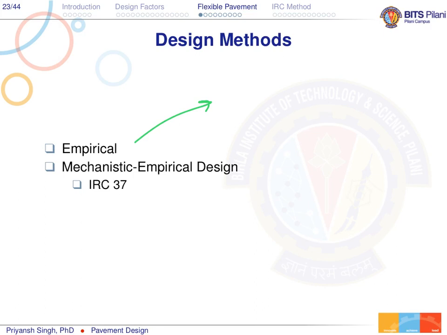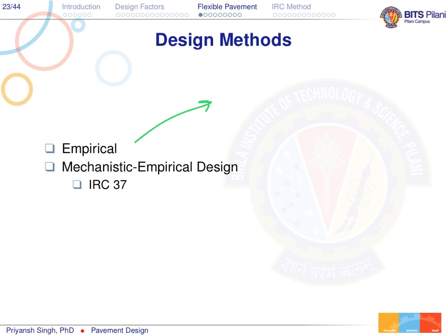And there could be a second design procedure, which could be a blend of mechanistic and empirical, where you have some input from the constitutive relationship of the material, where you know that if you apply this amount of load, that much amount of strain will be developed.